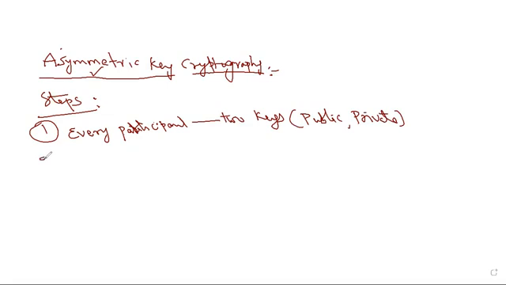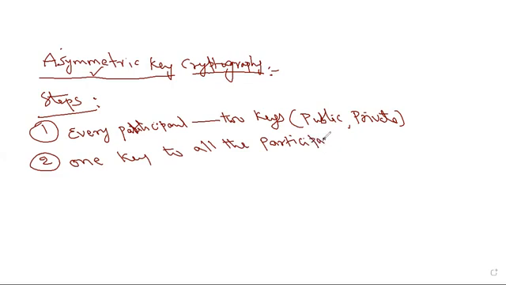The second essential step is, after generating the pair of keys, every user must publish one key, or inform one key, to all the participants. This key is called the public key.